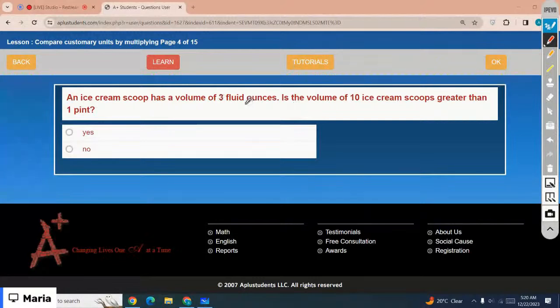Is the volume of 10 ice cream scoops, 10 times 3 equals 30 fluid ounces, right? Greater than 1 pint, and 1 pint equals 16 fluid ounces. So which is more? Obviously 30 fluid ounces is more than 16 fluid ounces. So the correct option is yes, right? That means the volume of 10 ice cream scoops is greater than 1 pint.